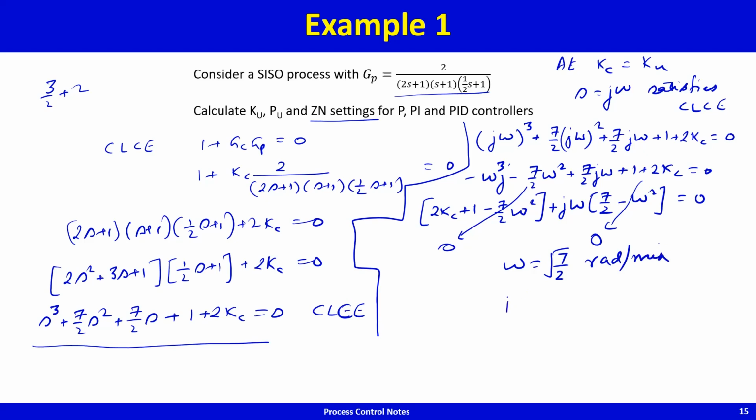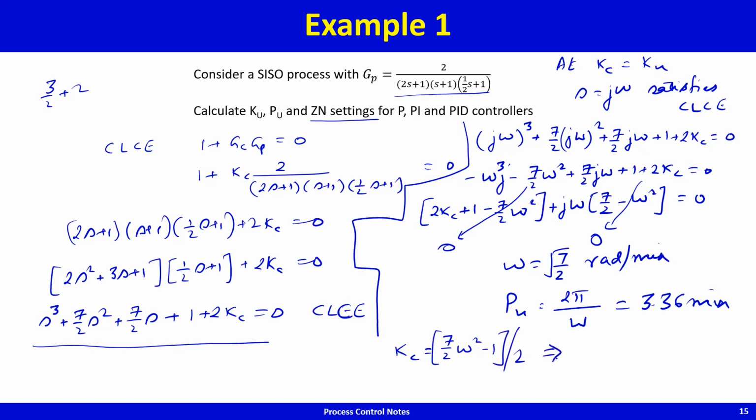And therefore Pu is going to be 2 pi by omega, which calculates to be 3.36 minutes. So the ultimate period is 3.36 minutes, and from the real part going to 0, we get Kc is equal to (7 by 2 omega square minus 1) divided by 2.